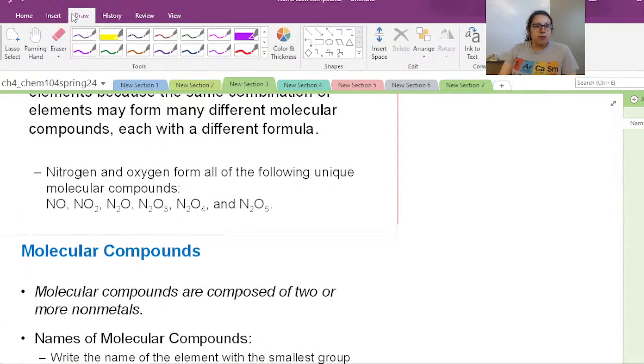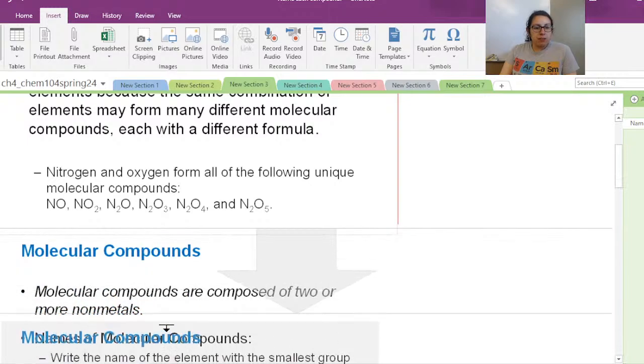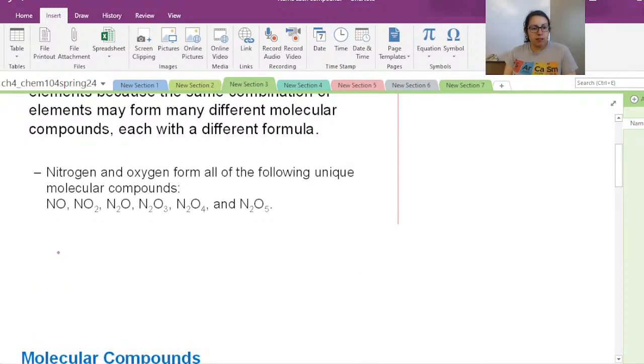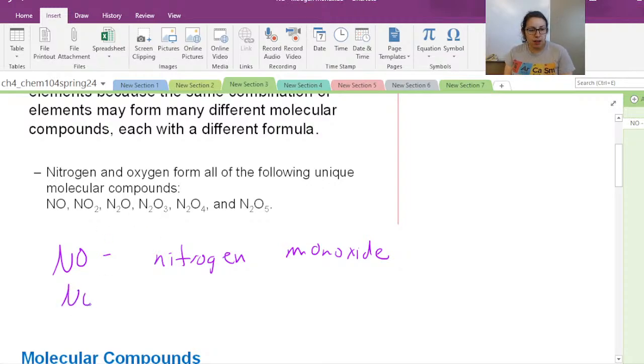So we could go back to all those NO compounds and write out their names. NO, that one is nitrogen monoxide. And then NO2, so now nitrogen dioxide.